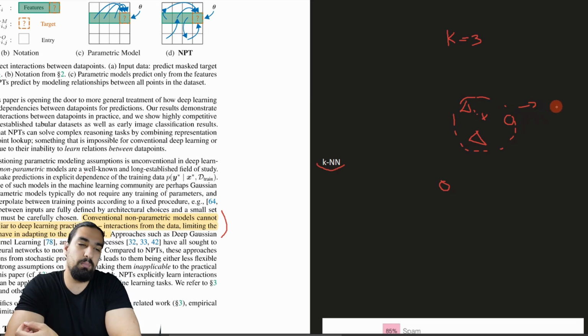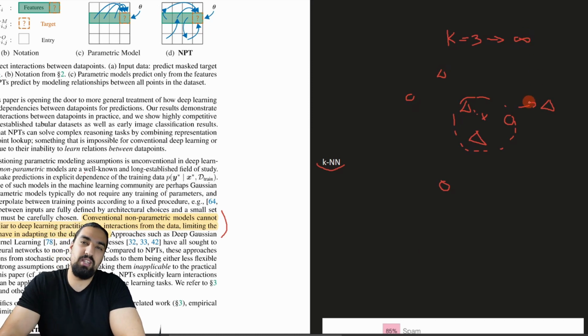Let's take the simple variant of the algorithm without including the actual distances, and either way we're going to have triangle here. As you can see, the more data you have, if we had a bunch of different circles and triangles, and if k goes to infinity, also assuming data goes to infinity, this algorithm doesn't scale well, because you'll have to search for an infinite number of nearest neighbors.